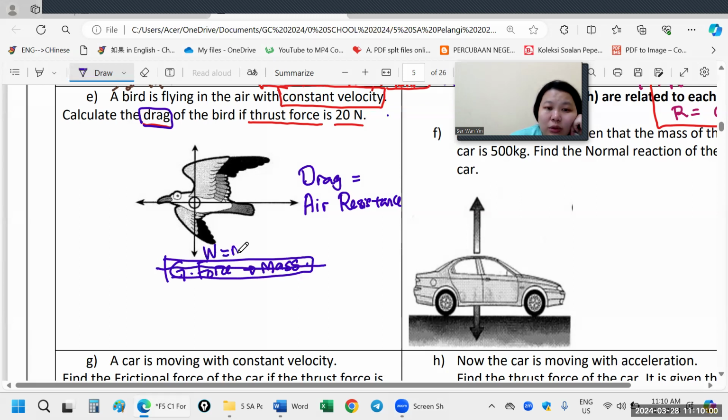So weight equals mg. We don't say acceleration force on an object which has mass, we just say it is weight. Okay, now, do you think we can solve the problem by using drag and weight?